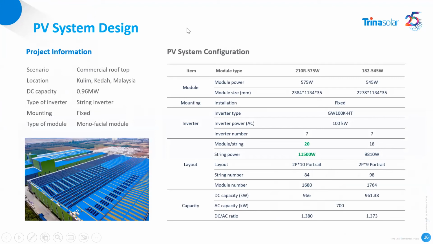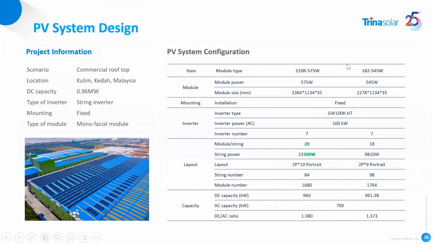So if you can see, we use the 100 HT inverter of GoodWe. And this is an almost 1 megawatt rooftop project in Malaysia. And we use the monofacial module.